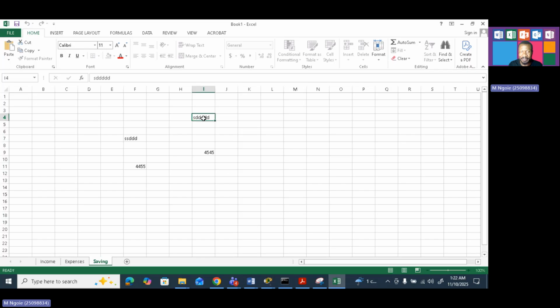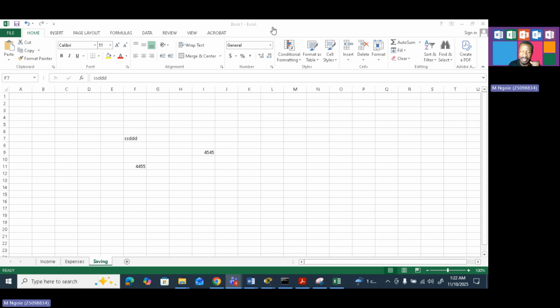When I click on this particular cell, it shows me where I can edit it. I can change the content there, and edit from the formula bar.